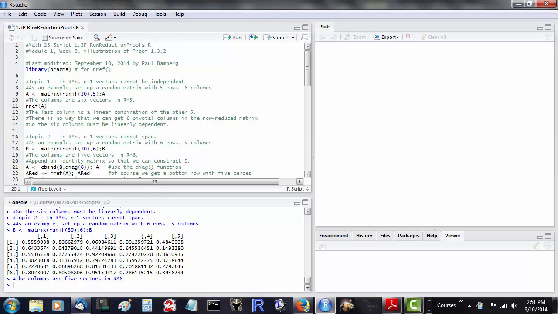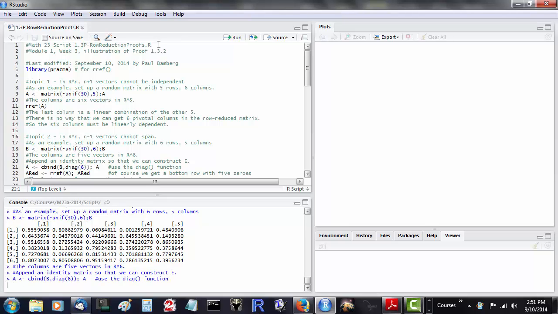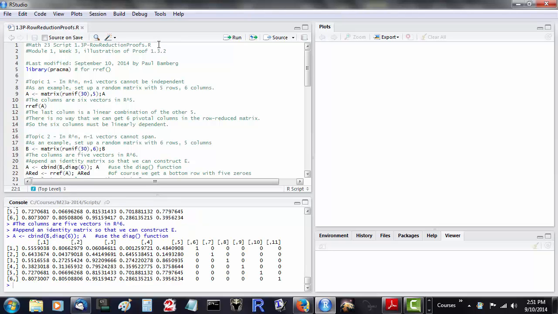Those would be a pain to type in. Fortunately, R has a function called diag, and diag(6) simply gives me the 6 by 6 identity matrix. So here is my gigantic matrix A, my 5 vectors followed by the 6 standard basis vectors.